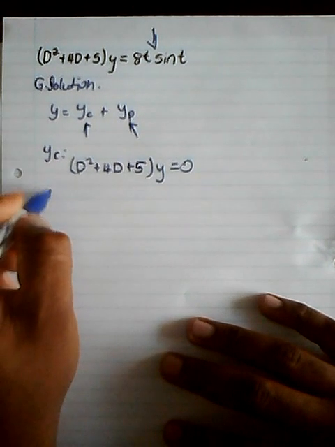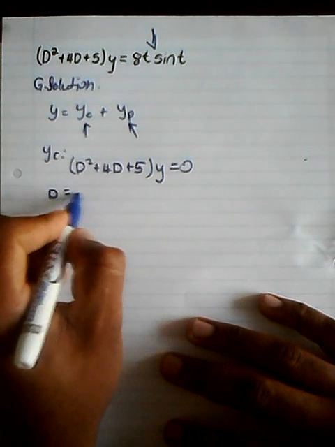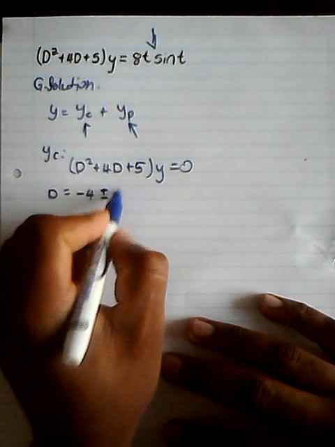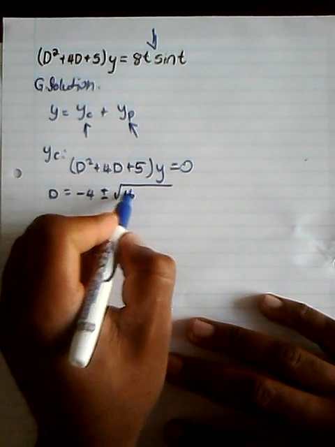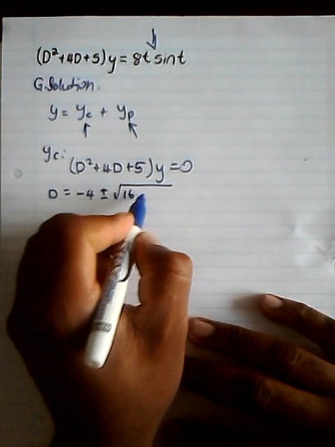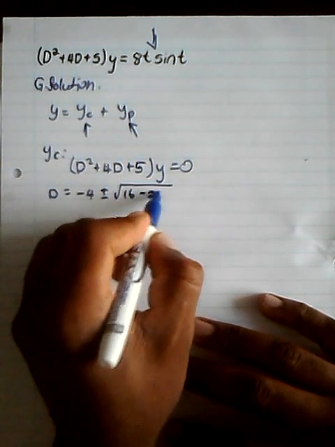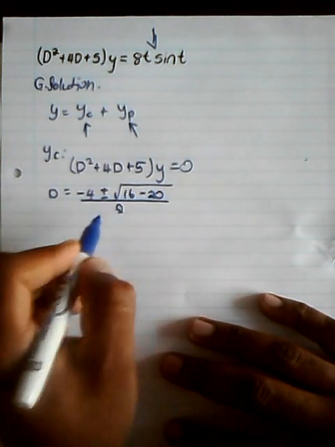D equals minus 4 plus or minus the square root of 4 squared, which is 16, minus 4AC, so minus 4 times 5, which is 20, and all this is divided by 2.